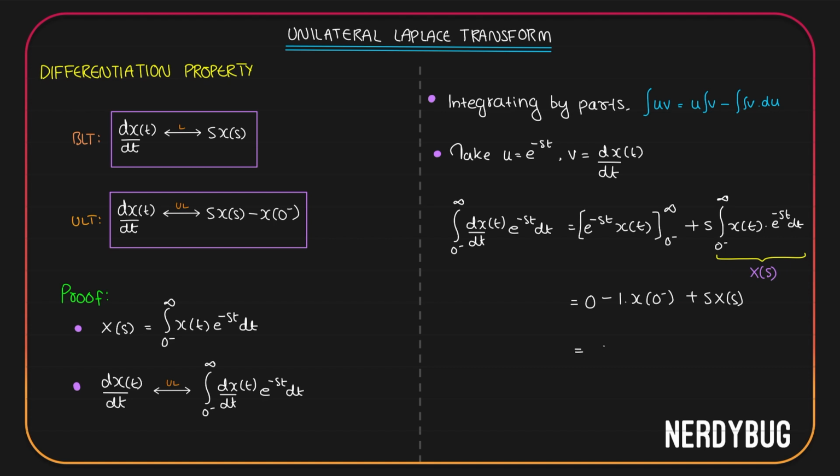So this is simply equal to sX(s) minus x of 0 minus. And that is exactly what we have written over here. The Laplace transform is not simply sX(s) like in bilateral Laplace transform. Here we have sX(s) minus x of 0 minus. x of 0 minus here is the initial condition of x of t.